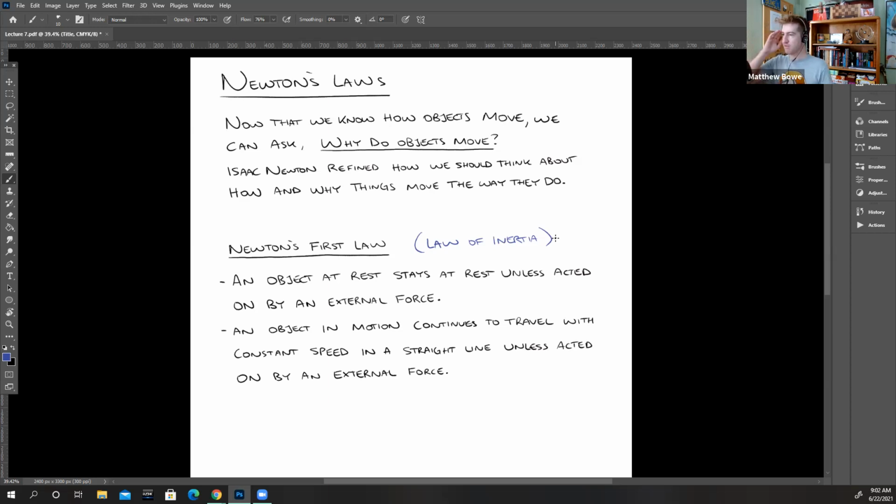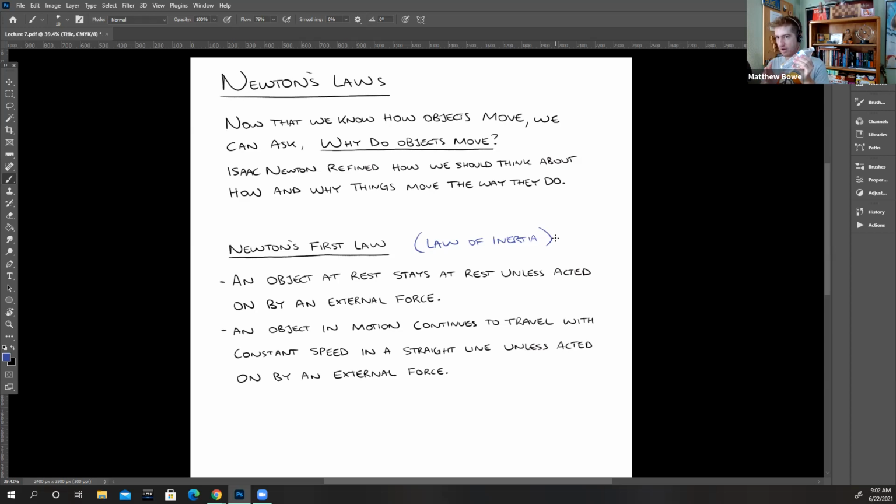is to think of an astronaut in space, and there's nothing affecting anything. You're just in empty space, not even gravity around you, and you look at a stationary object, you wave your hands around it, it's not going to move.